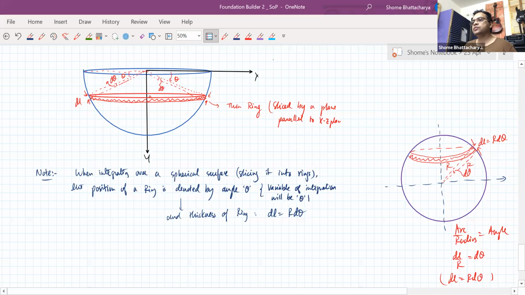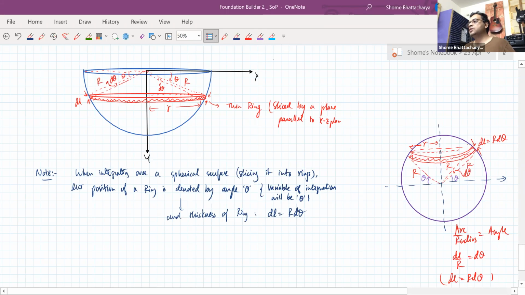Okay, then of course the radius of this ring, this is capital R, this is capital R, but that's the radius of the sphere. The radius of the ring itself is small r. So now from trigonometry of this, you can see that if the radius of this ring is small r, then again it is related to the radius of the sphere because we have taken this angle as theta. Okay, this angle here is theta and this small angle is d theta.